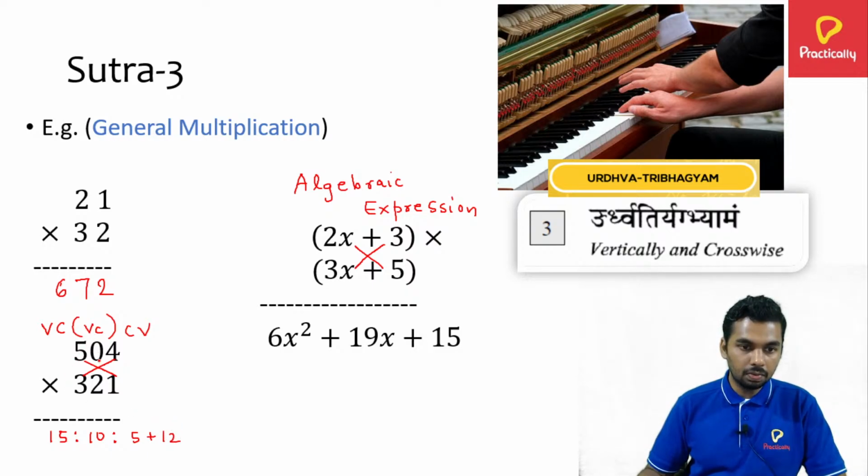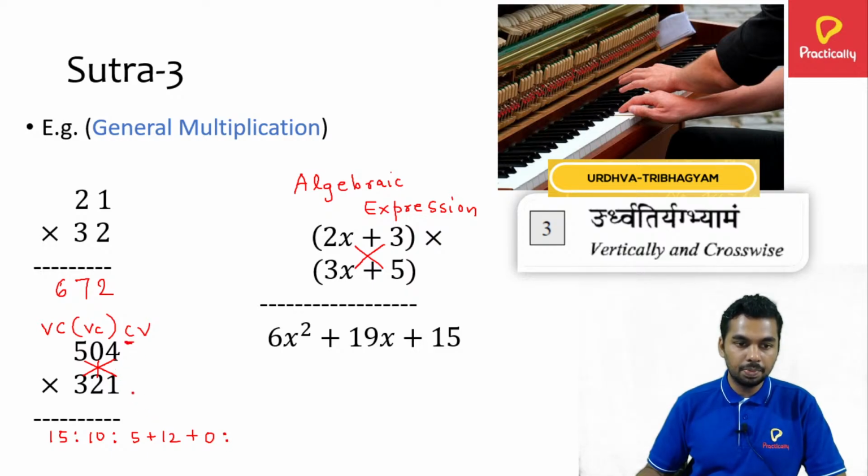And there is a vertical step here. So VC in bracket means you have to do both vertical and crosswise. We have done the crosswise, 5 multiplied by 1, which is 5, plus 4 multiplied by 3, which is 12. Now plus you have to do the vertical step, 0 multiplied by 2, which is 0. Put a colon after each step.